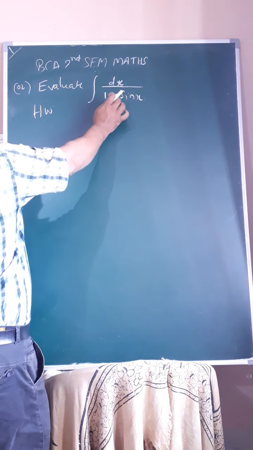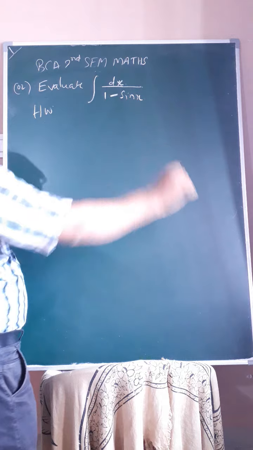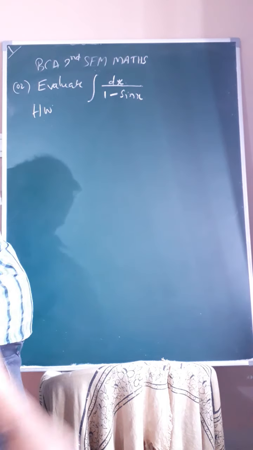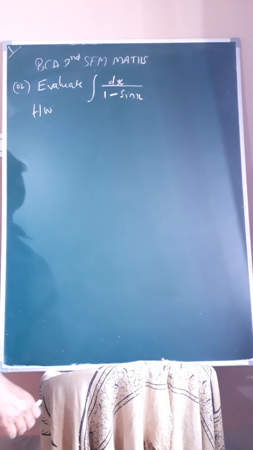What is the procedure? You take the conjugate of this. The conjugate of 1 minus sin x is 1 plus sin x. Numerator and denominator should be multiplied with the conjugate, that is 1 plus sin x.